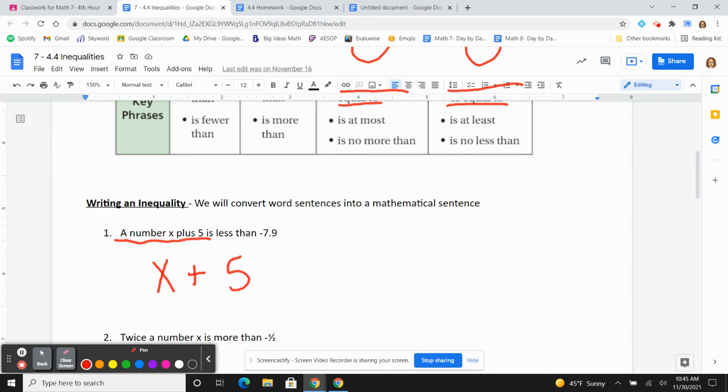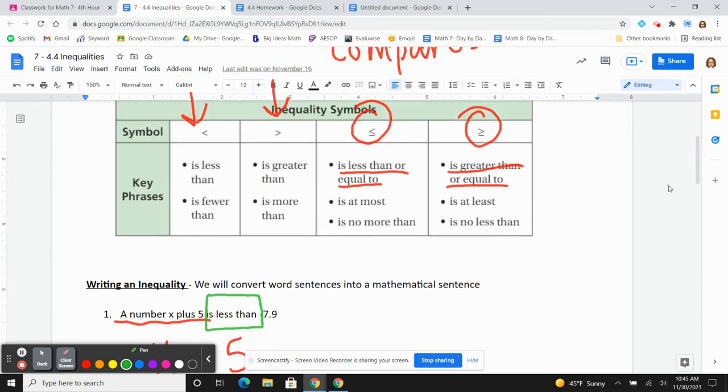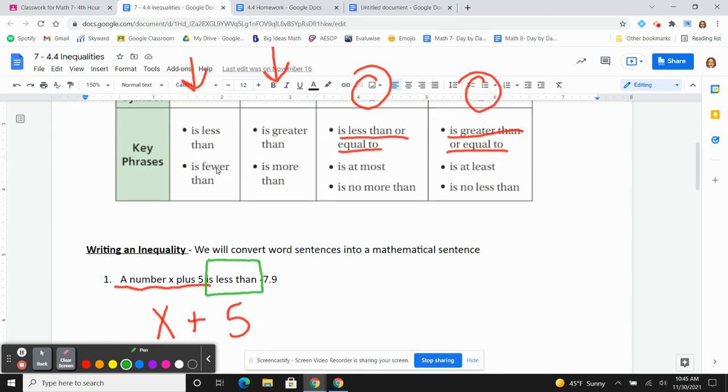And then this is less than. Where do you see that phrase in this chart? Jeffrey? Yeah, the first column. So this is a less than sign.